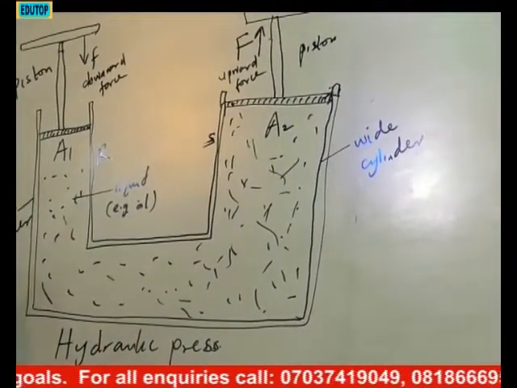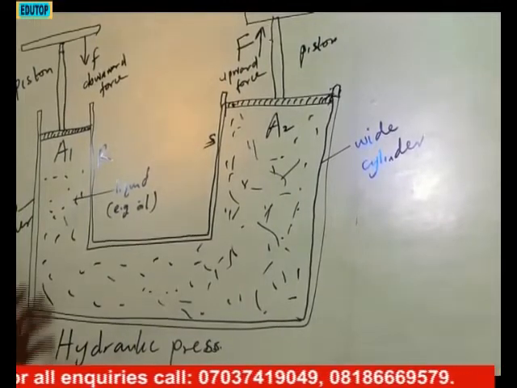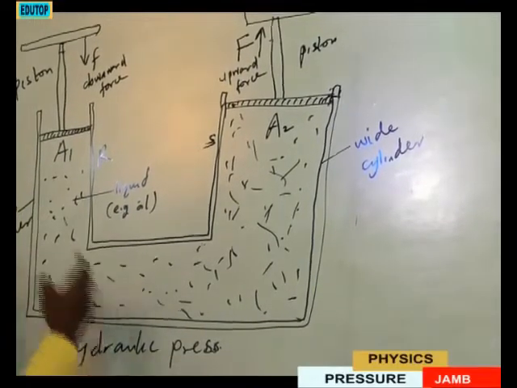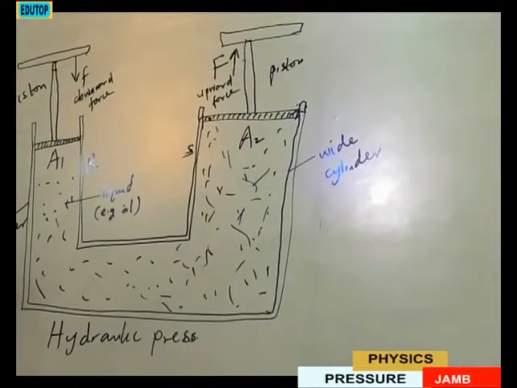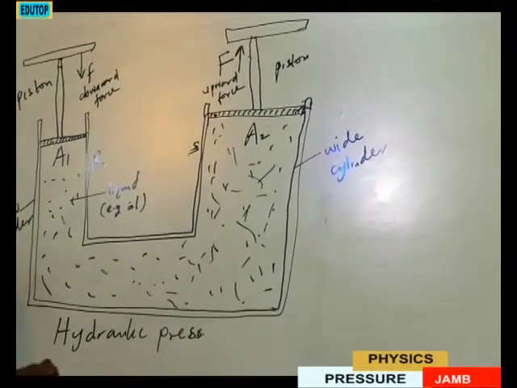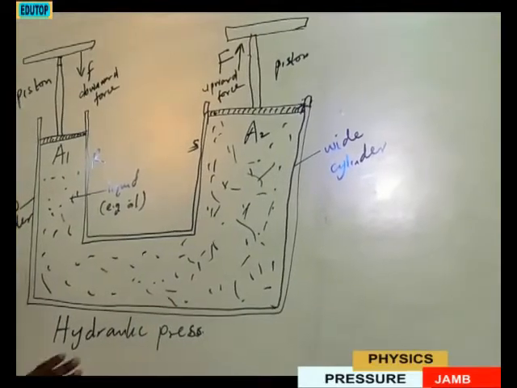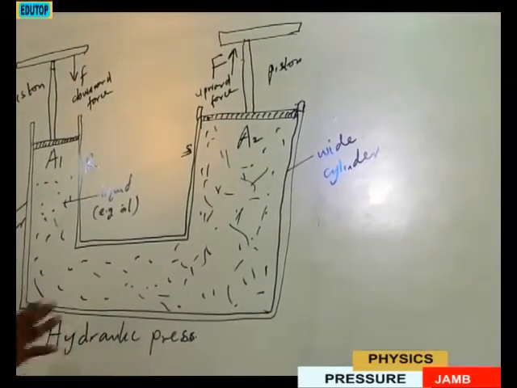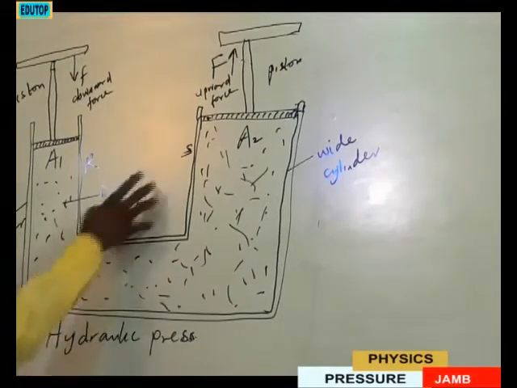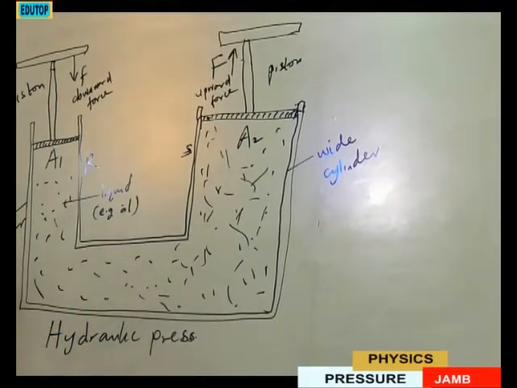Then the cylinders are filled with water or with oil. In this case, we have oil. The two cylinders are joined with a connecting tube, as shown in this figure.